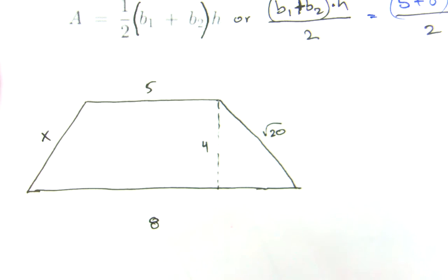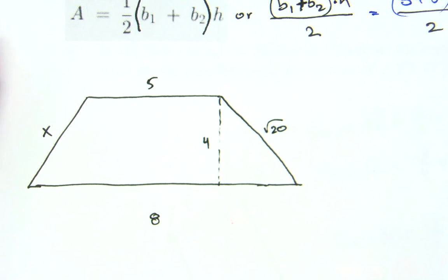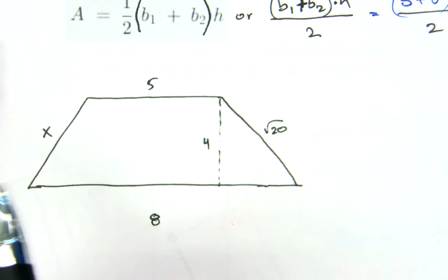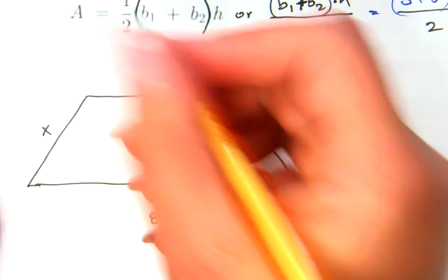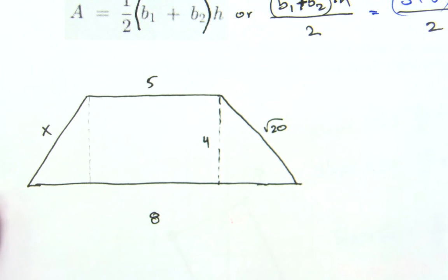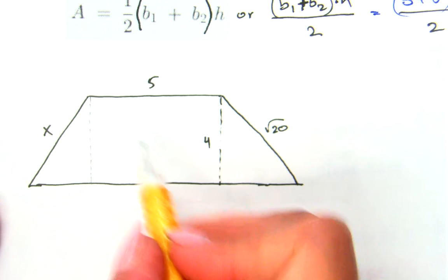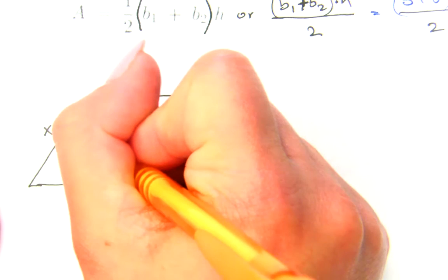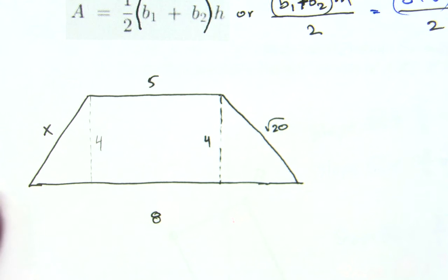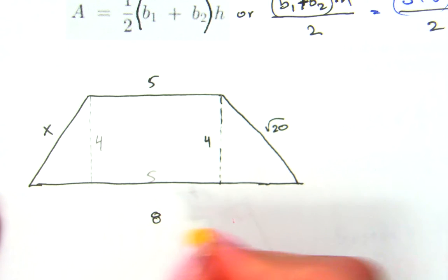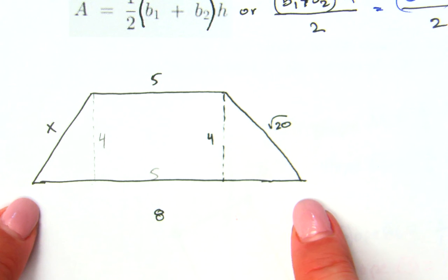We need to get here. Okay, we'll call that X. Now, in order to get here, we need to break this apart. So the way I break this apart is I say, okay, well, this piece right here, and lo and behold, it's the same height of the trapezoid, so this must be 4 also. But I don't know what this is. I do know this piece is 5 because it comes from the top part, but the whole length is 8.